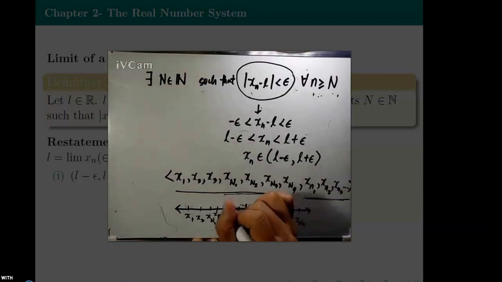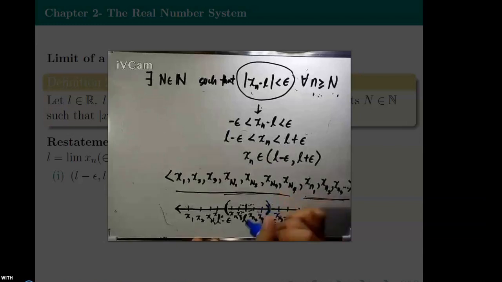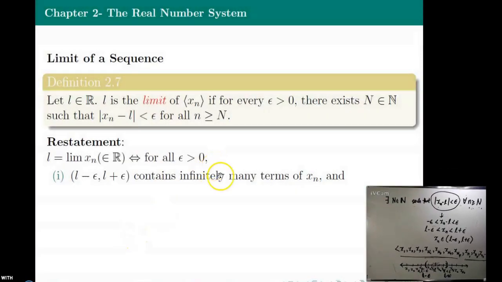This is the open interval L minus epsilon, L plus epsilon. So it contains infinitely many terms of x sub n, is what I have said a while ago.